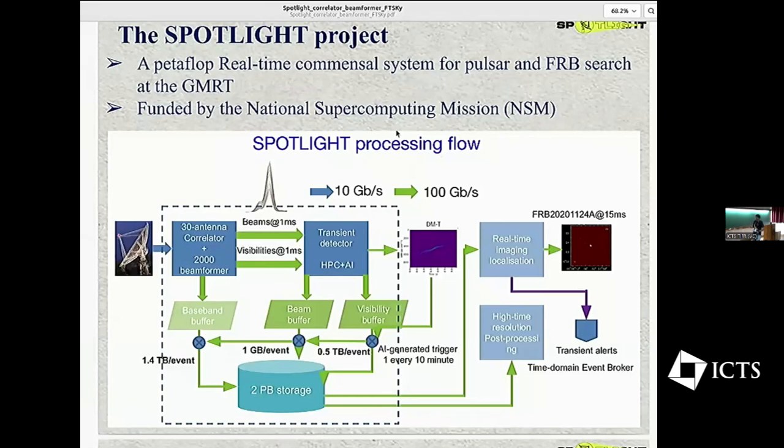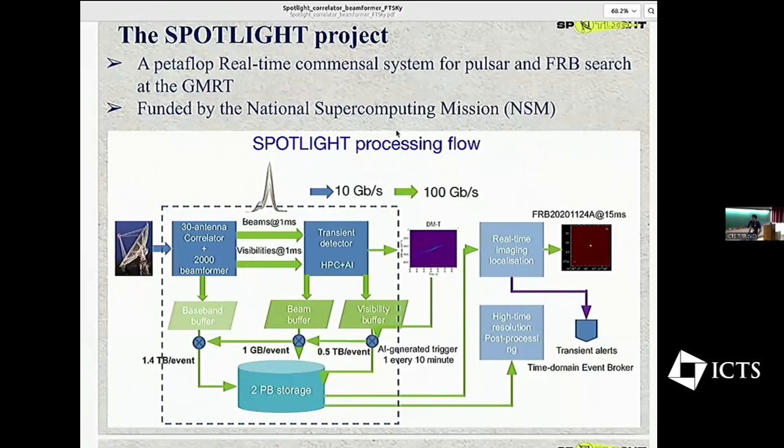This is how the processing of Spotlight works. From the antennas, we get the baseband data, and in the Correlator Beamformer, we process this baseband data and form 2,000 post-correlation beams and send them to the pipeline, which uses AI-based burst detection and transient detection.